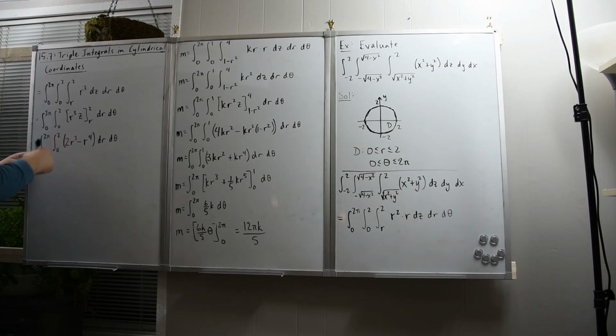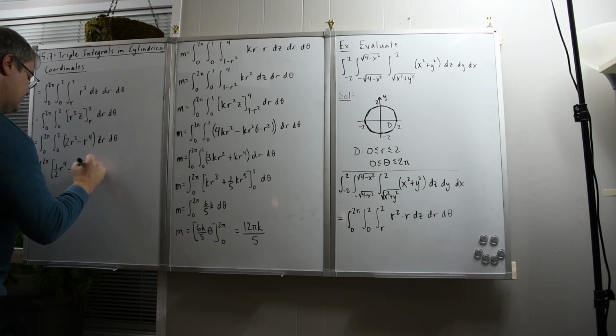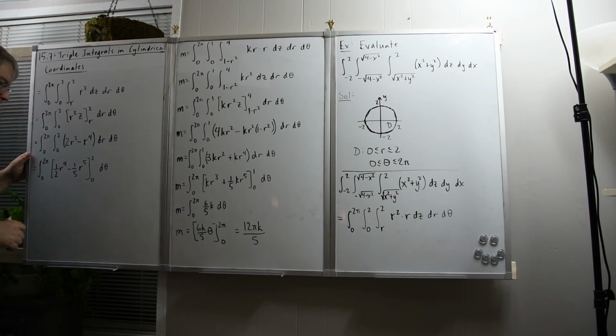Now, if we integrate this with respect to r, I have 2 times r to the 4th over 4, that's a half r to the 4th. Then minus a 1/5 r to the 5th. Now we can plug in 2 for r and then subtract what we get when we plug in 0 for r. Plugging in 0 for r will just give us 0.